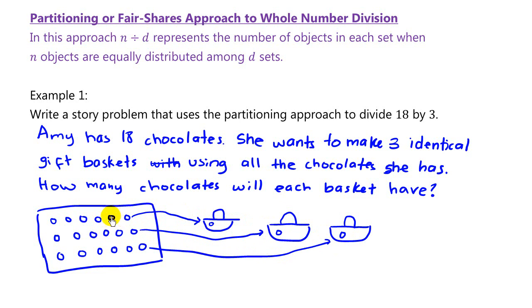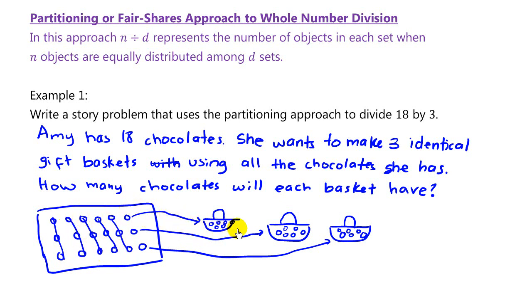And so you could hopefully imagine that if I keep on doing this, one chocolate at a time, eventually I will have used up all the chocolates and I will end up with 6 chocolates in each of the baskets. Okay, so I would have 1, 2, 3, 4, 5, 6, 1, 2, 3, 4, 5, 6, and 4, 5, 6. And I would have used all of the chocolates here.